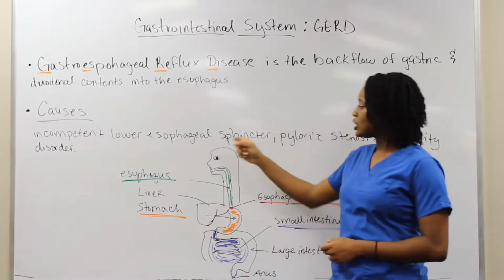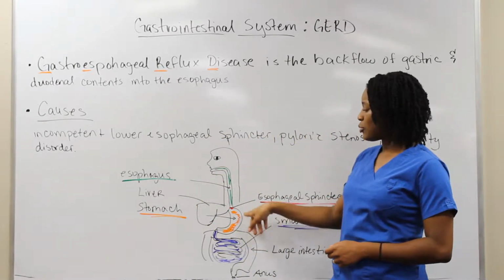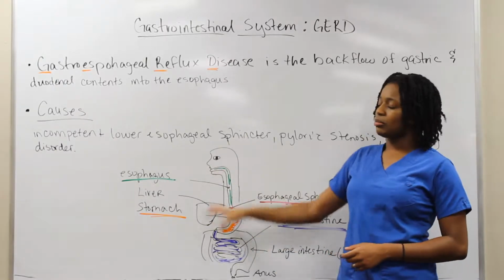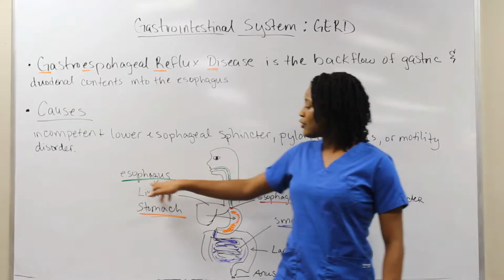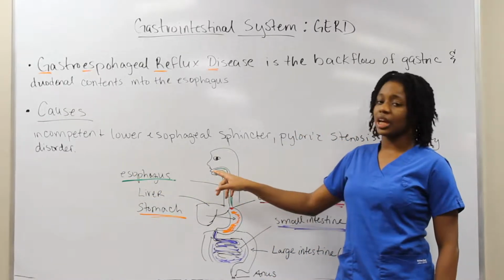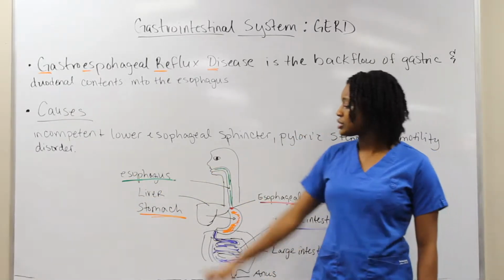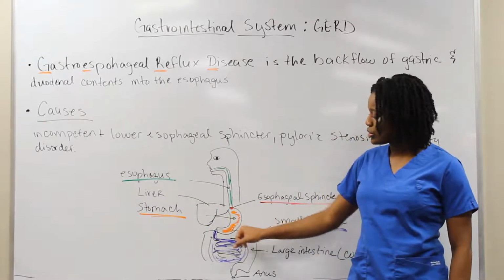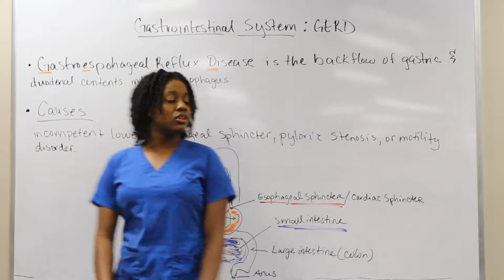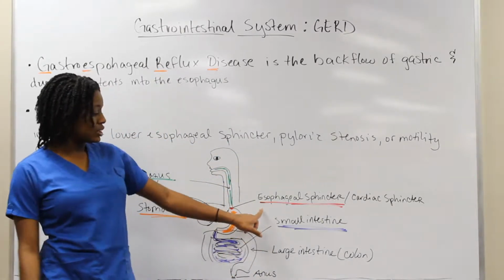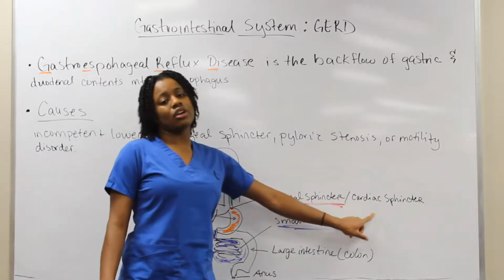So with the esophageal sphincter, all right, I have a picture here. This is my picture showing you exactly what's going on in the GI tract. The esophagus, I highlighted in green, so you know that this is the region of the esophagus. The stomach, again, is in orange. The small intestines is in purple. And then the esophageal sphincter, also known as the cardiac sphincter.